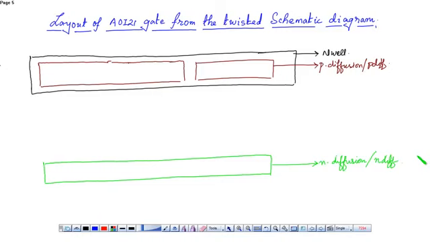Now, after drawing the layers, next you have to draw the terminals. So first you'll start with the gate terminal.